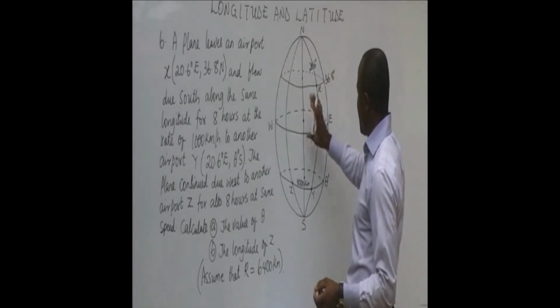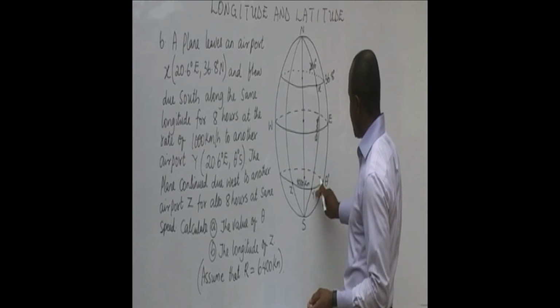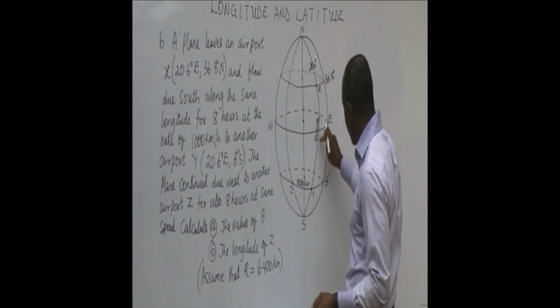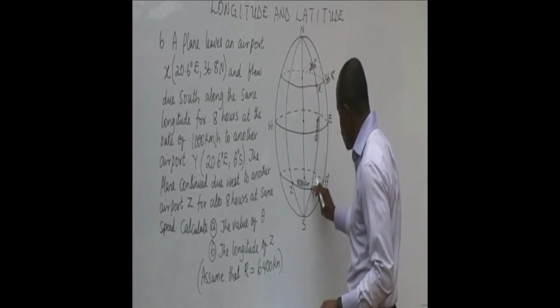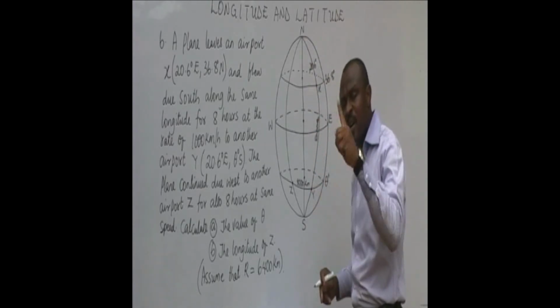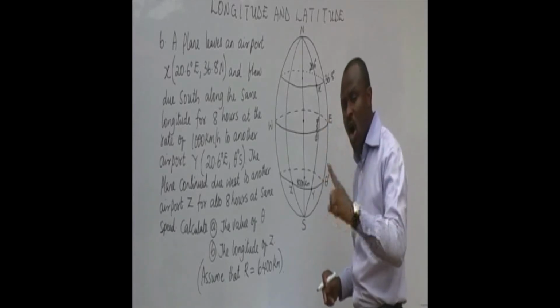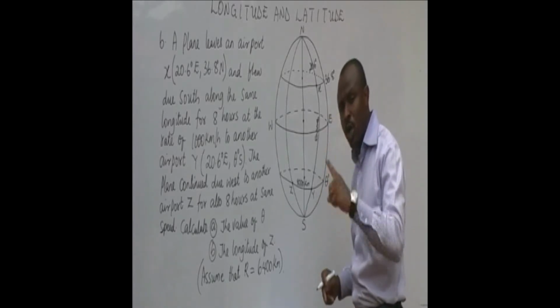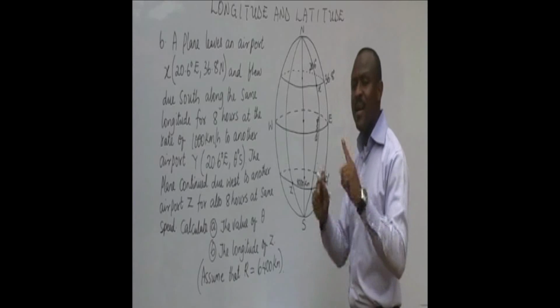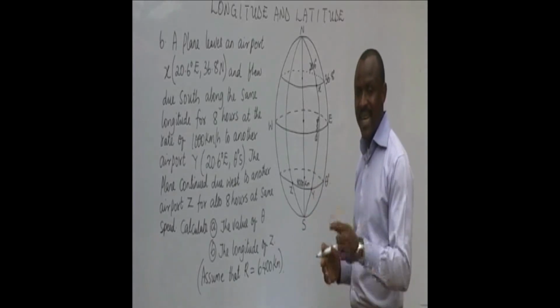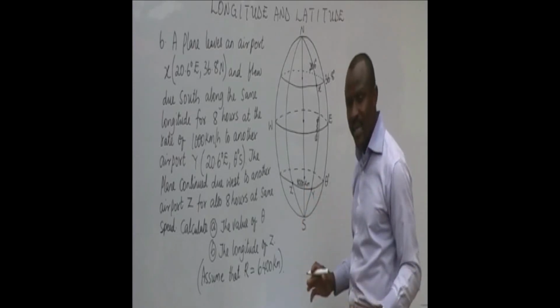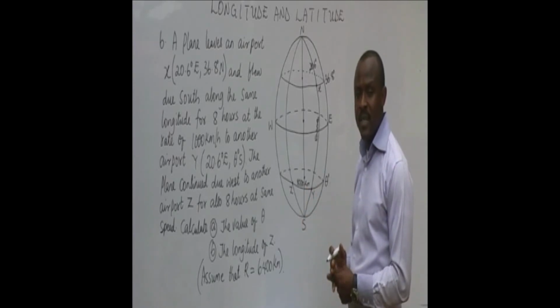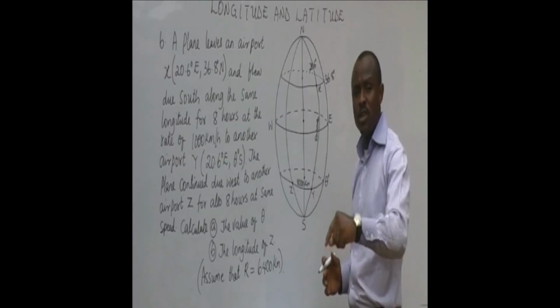This plane moved from X to Y and covered this arc. Remember, this arc is along the longitude. Every radius of any line of longitude is big R, the radius of the globe, no matter the value of theta, no matter the value of that longitude.